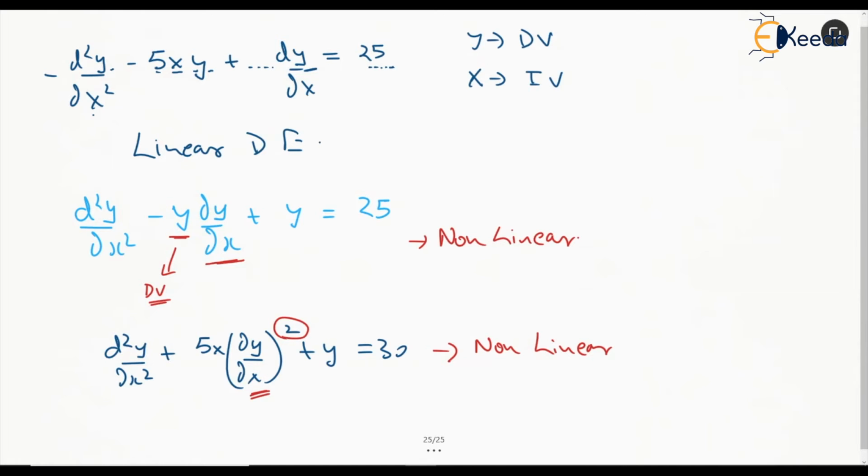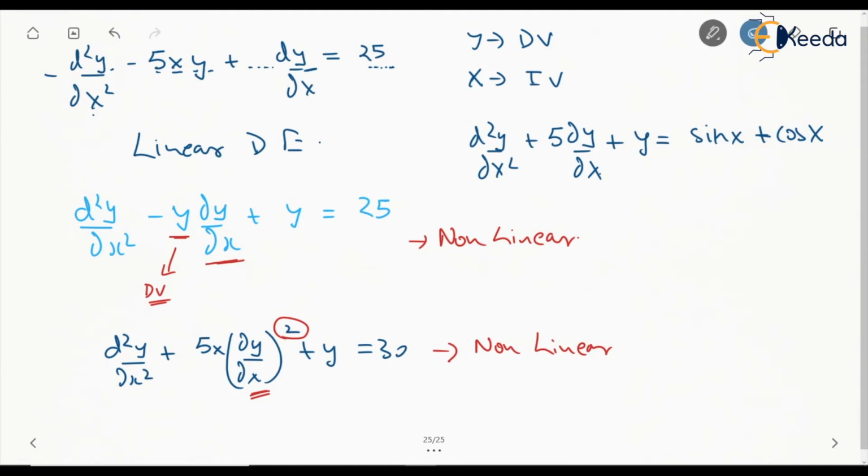What if we have a function like d2y by dx square plus 5 dy by dx plus y equal to sin x plus cos x? If you see, this is a second order derivative, the power, the degree, is 1, fine.